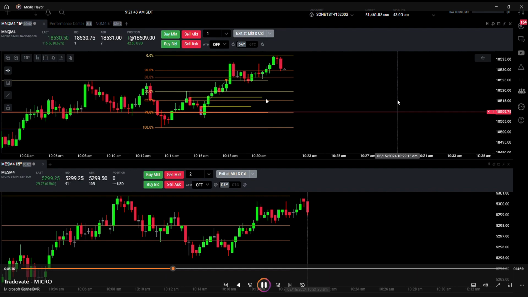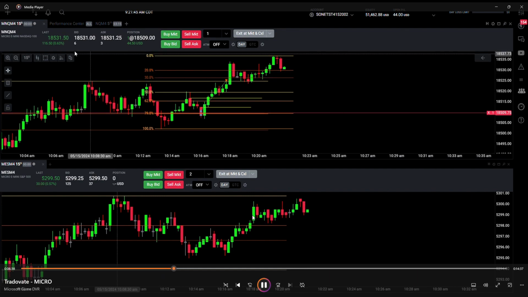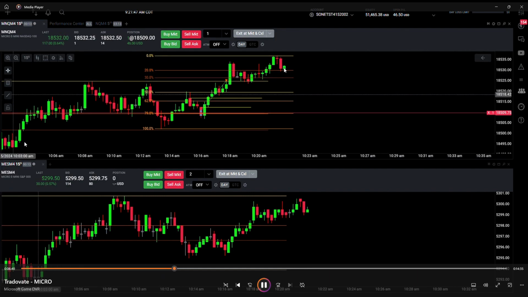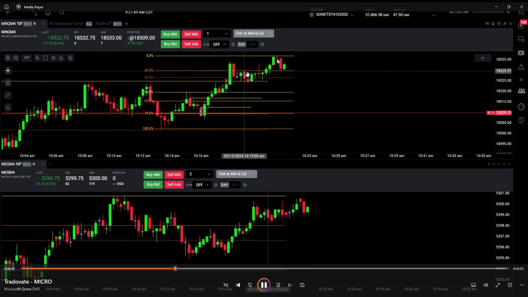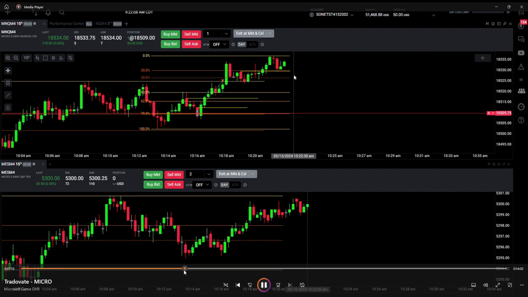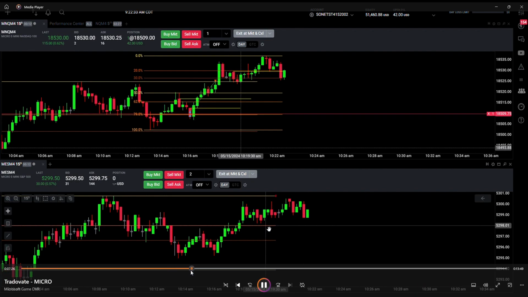There we go. Price comes up here, makes a new high, creates divergence, and then drops. That could be a good entry position, but we're looking for longs. Drops again.